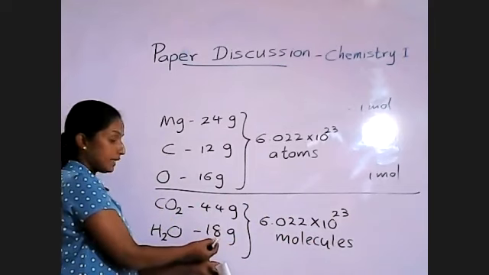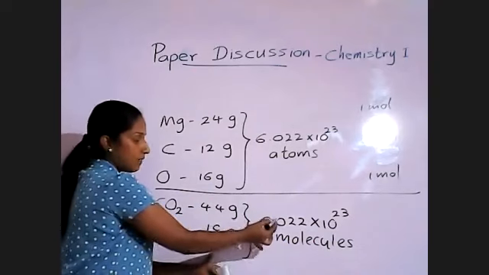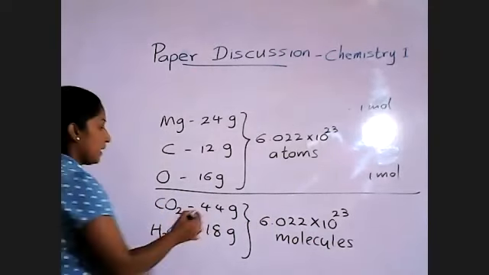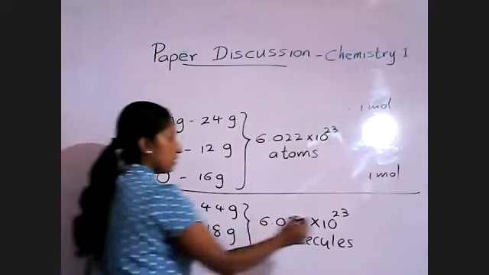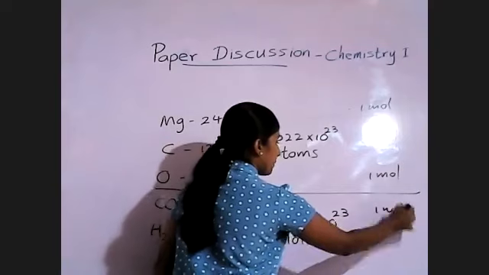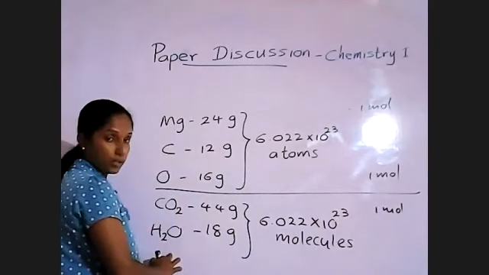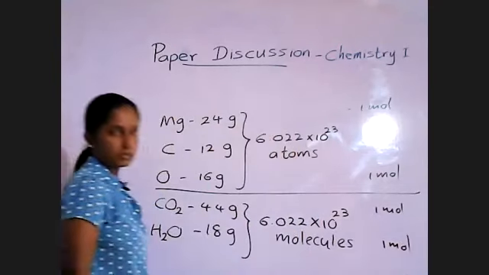18 grams of water contains Avogadro number of water molecules. And 44 grams of carbon dioxide means 1 mole of carbon dioxide molecules, and 18 grams of water means 1 mole of water molecules.